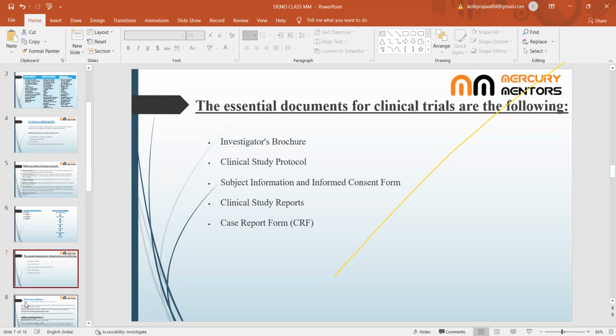So this form is related to these study subjects. Okay, they will have to sign an informed consent form, that this is simply the process where we are going to see that the participant is willingly participating in the clinical trial.